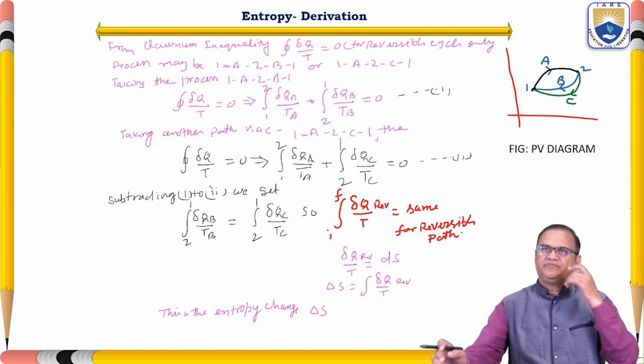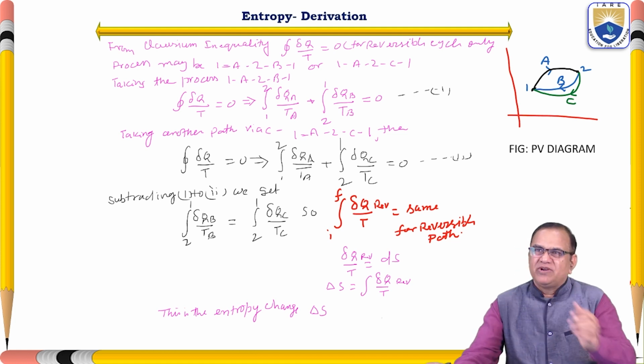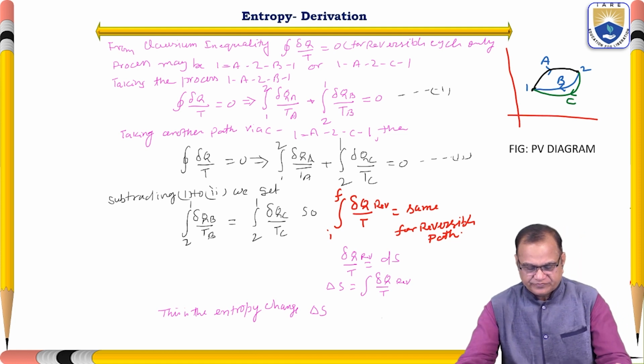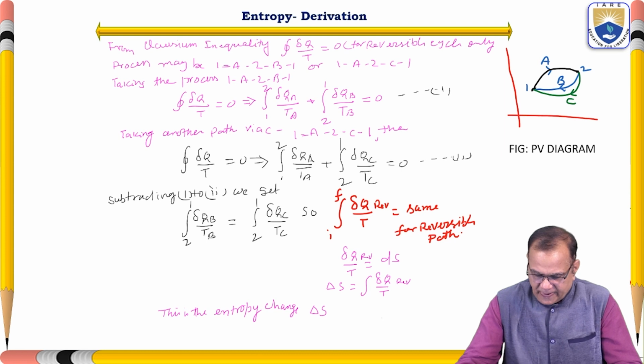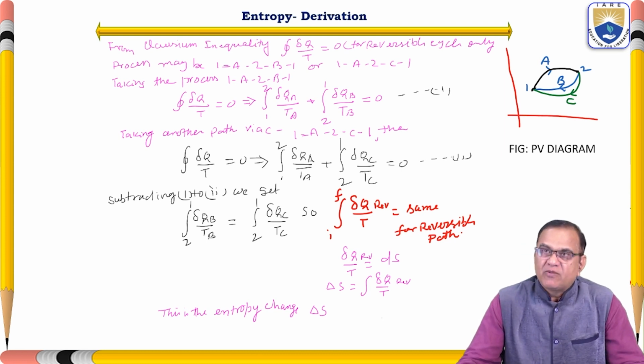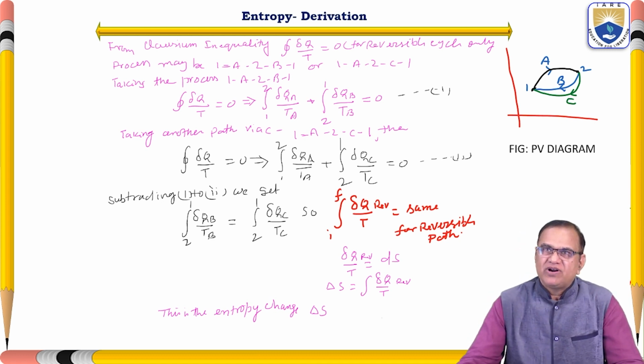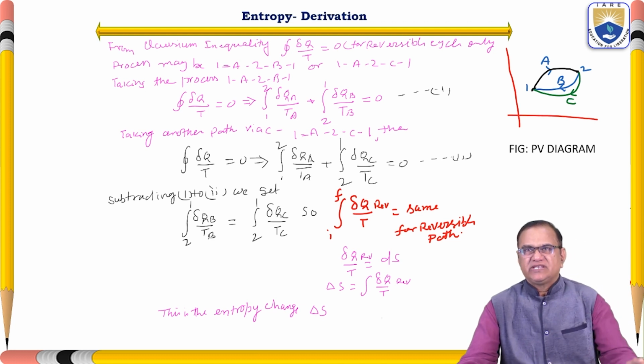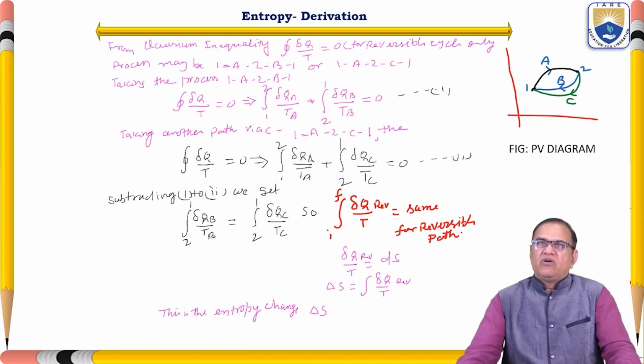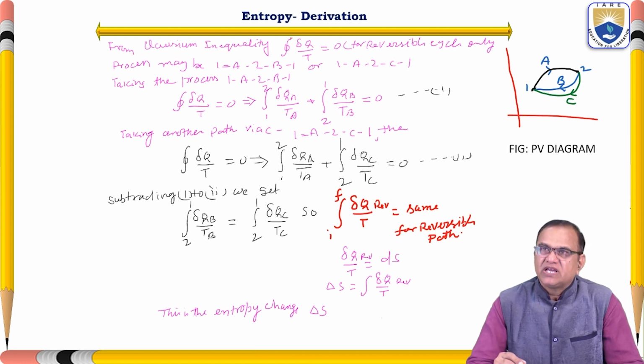Now we will find some new equations for the entropy derivation, how to derive it. I think I have covered this in my previous class also, but it is a revision. From the Clausius inequality, we found that the cyclic integration of del Q by T is equal to 0 for the reversible cycle only.